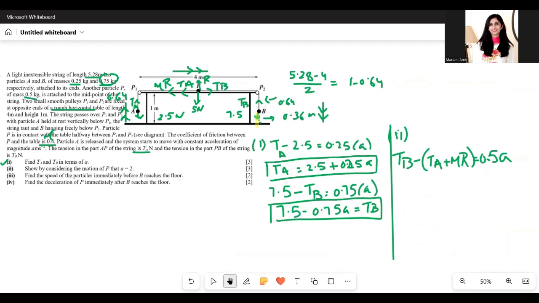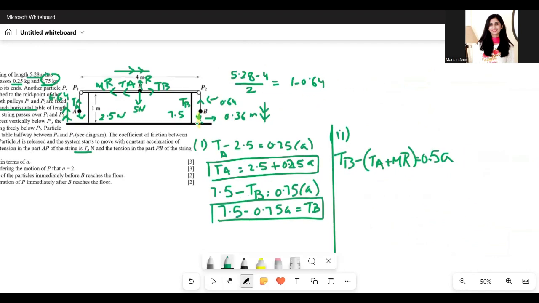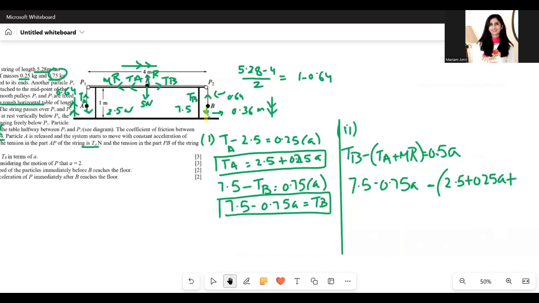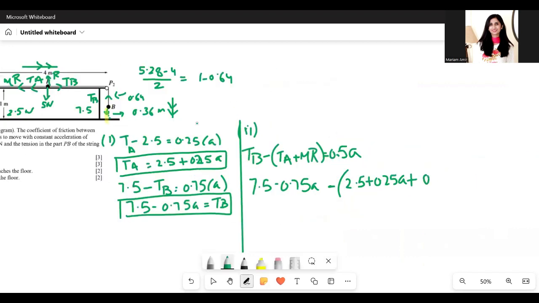Now we have the expression for TB already. That is 7.5 minus 0.75a from the first part, minus bracket open, TA is 2.5 plus 0.25a, plus mu is 0.4 and R is 5, equals 0.5a.